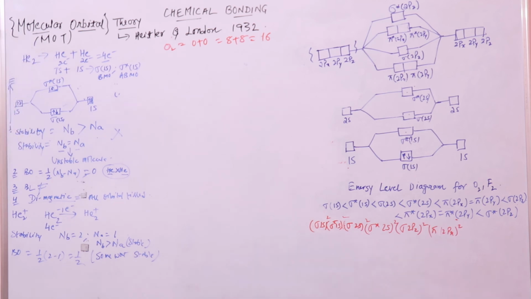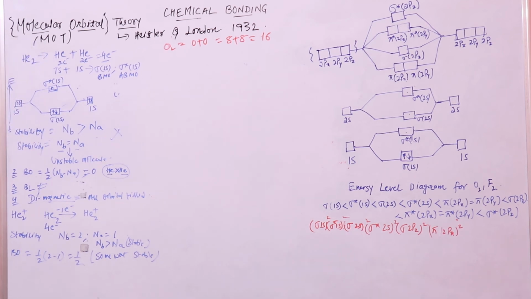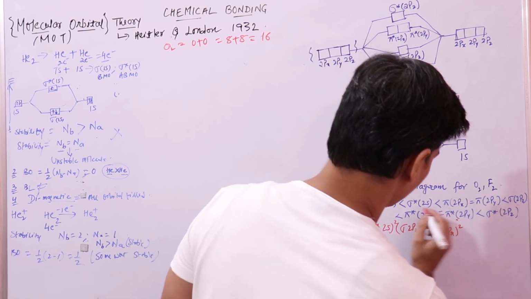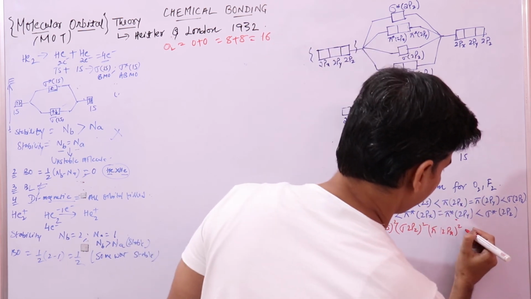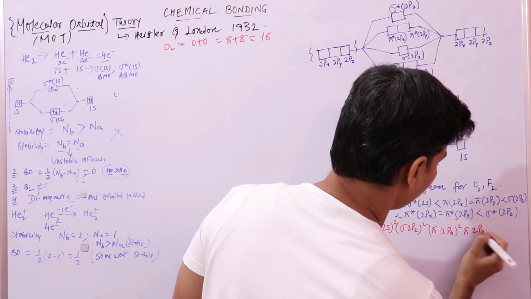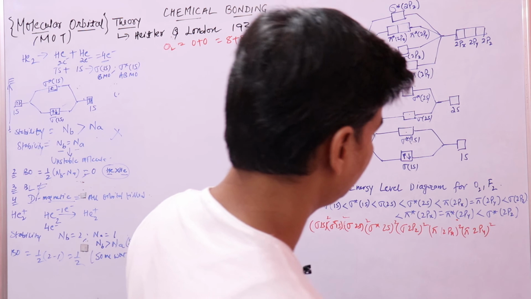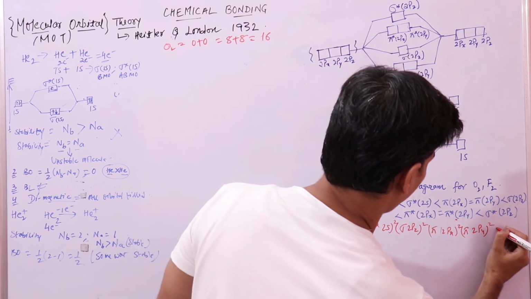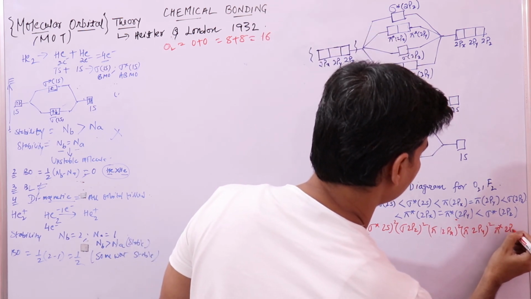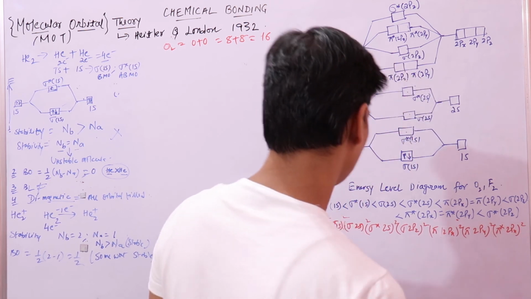2, right? So 1, 2, 3, 4, 5, 6, and pi 2py. After this comes your pi 2py, right? Then comes your pi star 2px 2.